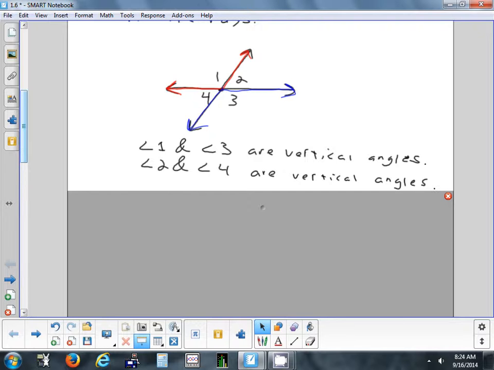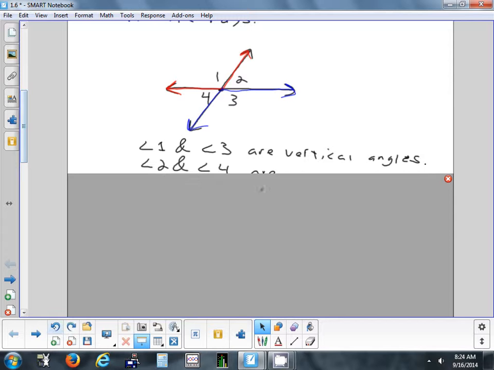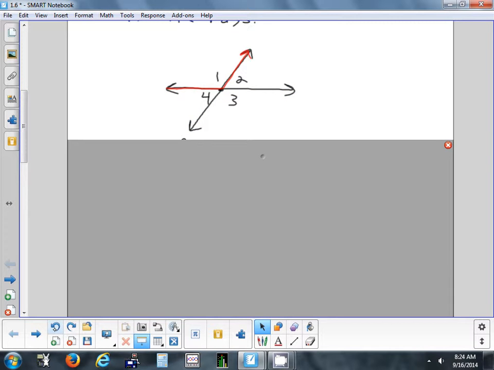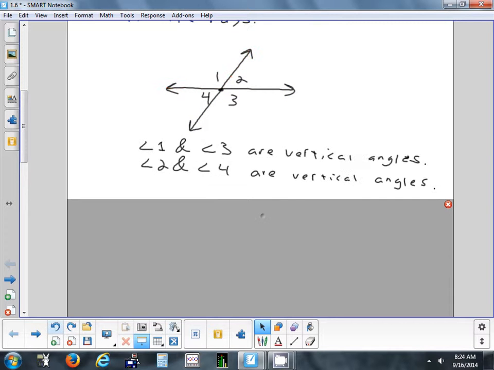So 1 and 3 are vertical angles. And let me do it as 2 and 4. If I color it that way, here's 2. And here's 4.